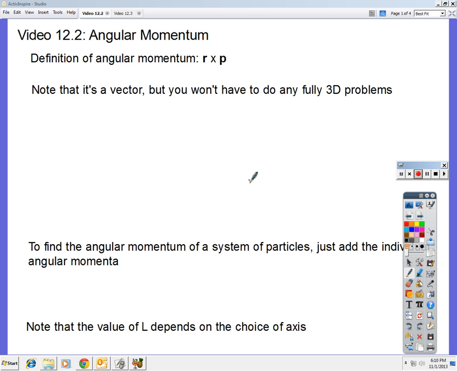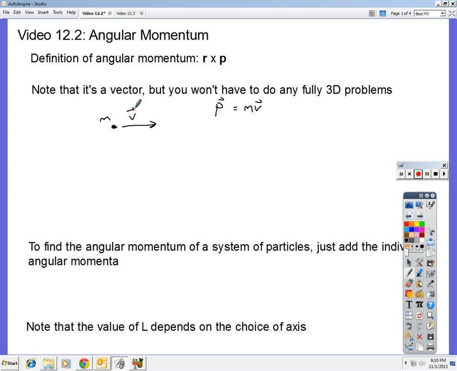Now, our definition of angular momentum is going to be r cross p. The idea is that if you've got some particle of mass m moving with speed v, you know that it has linear momentum p equals mv. That's old hat.